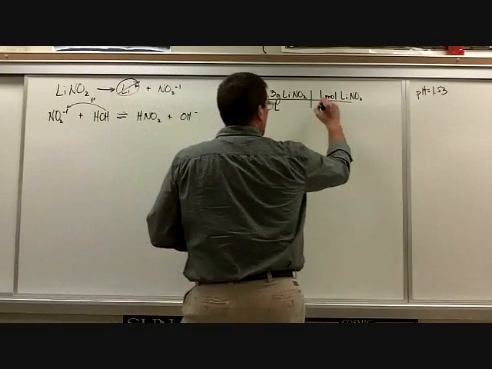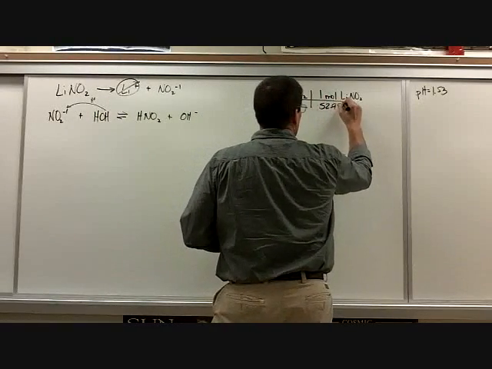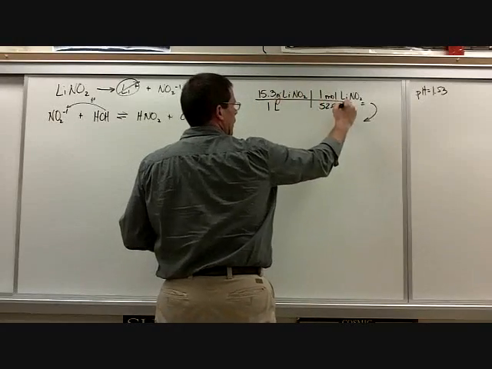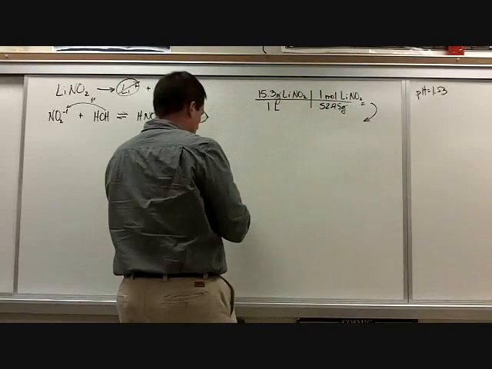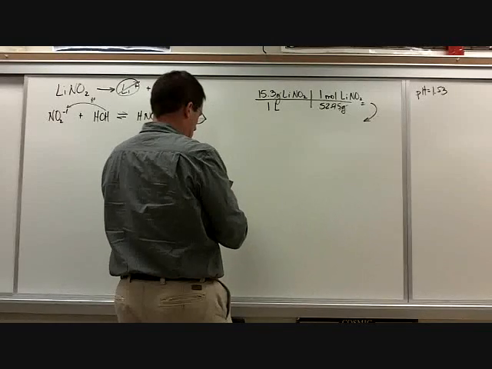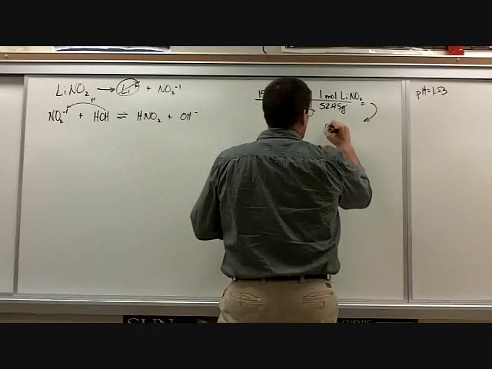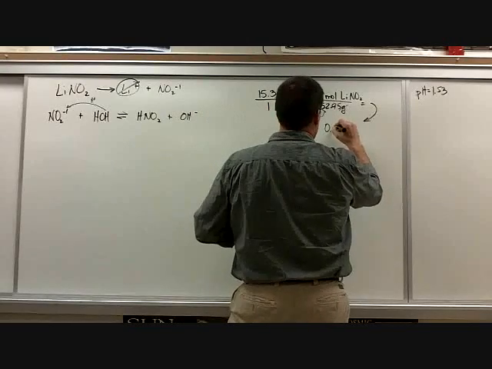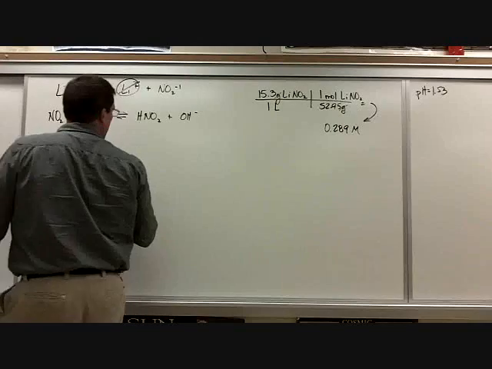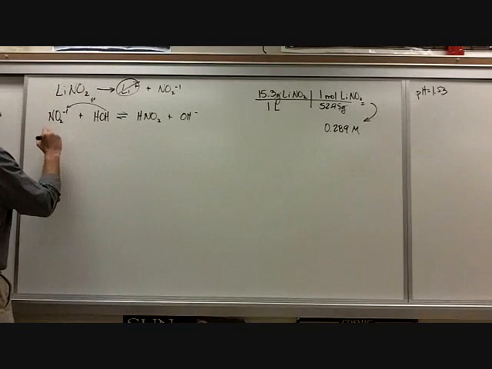So 52.95 grams. So my molarity, because again, the grams are going to cancel out, we're going to have moles over liters. So is that 0.289? Anybody get that? All right, so there we go. We have our 0.289.